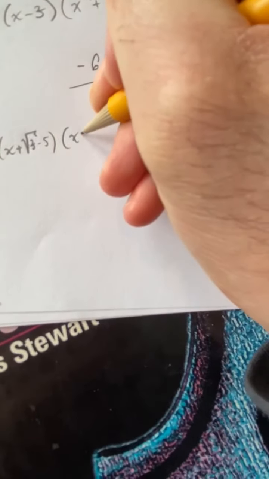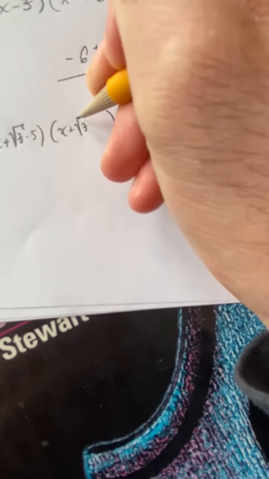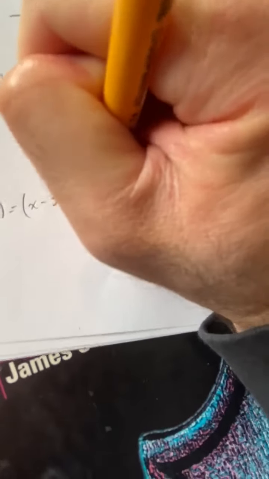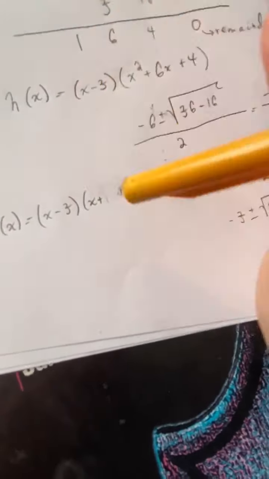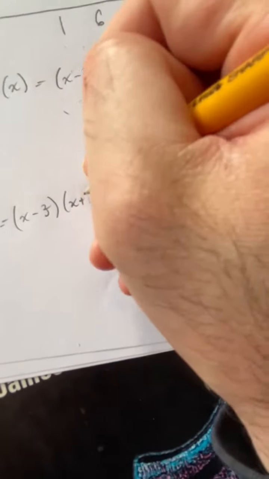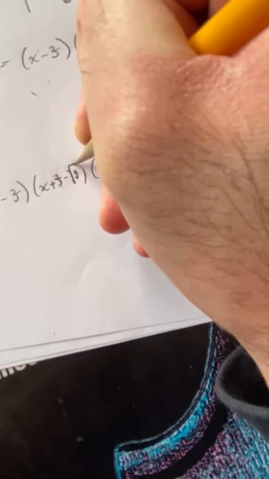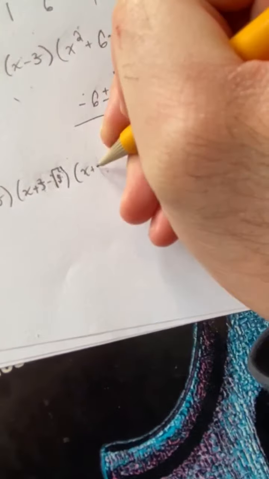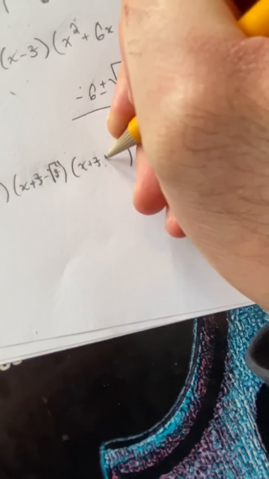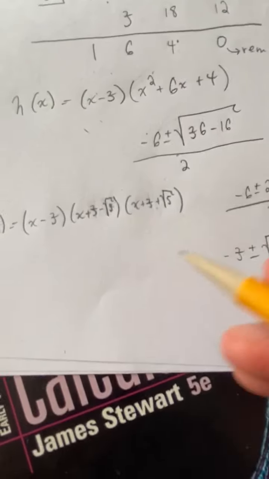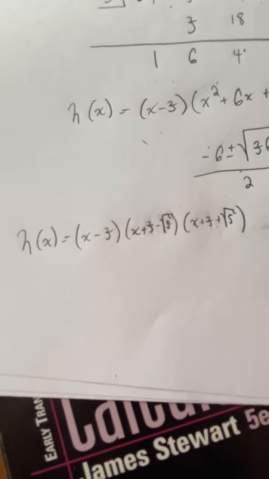Whoops, I have the radicals backwards. So we have x plus 3 minus radical 5, and we have x plus 3 plus radical 5. And that's our answer. So that's the function expressed as a product of linear factors.